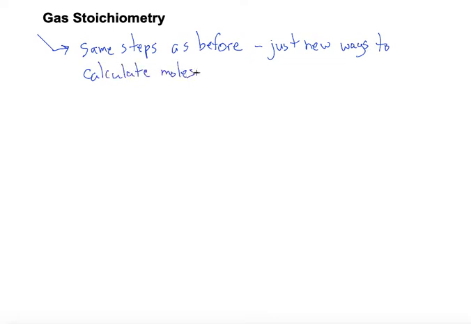So that is the important part here. We've got new methods now to figure out our moles. One of the ways we can calculate moles when dealing with gases is molar volume. The key is that you have to be at STP.